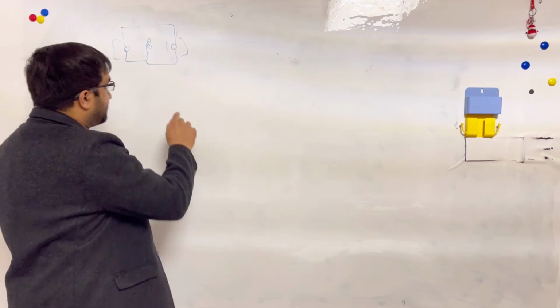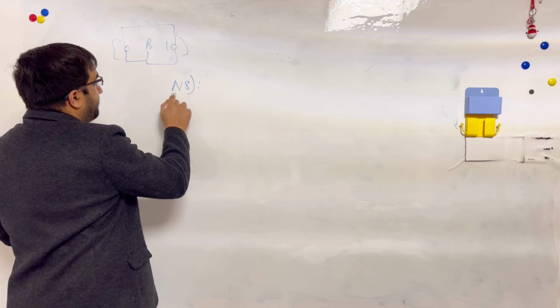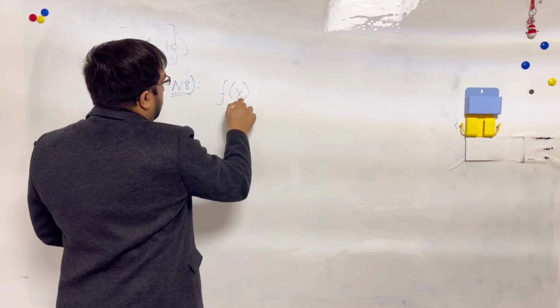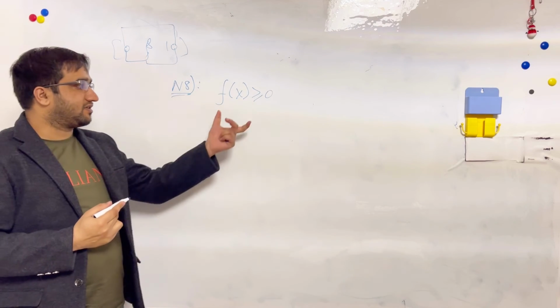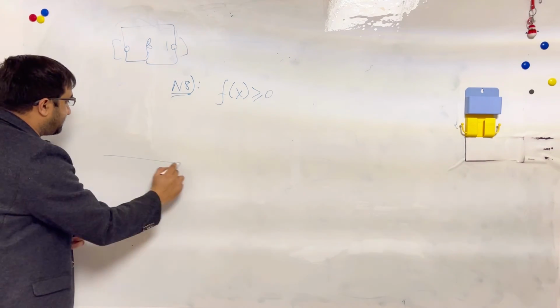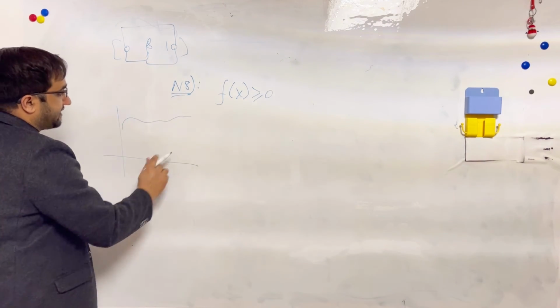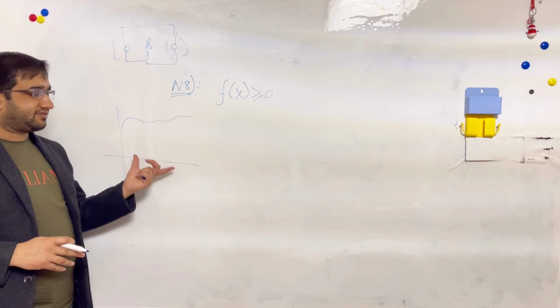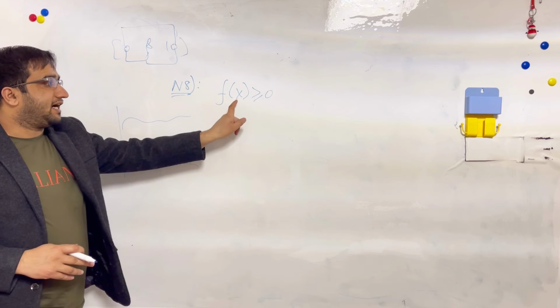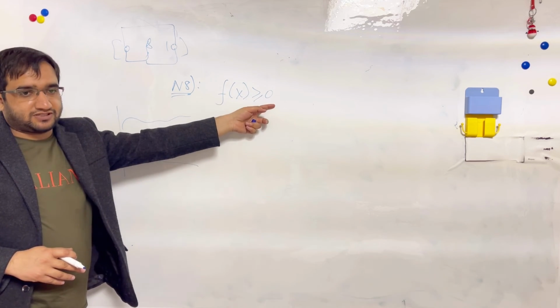The eighth property says that if your function is a positive function, always greater than 0, the value is always greater than 0, meaning the curve of the function is always above this line. The curve will always be above this line if the answer for the function is a positive number.